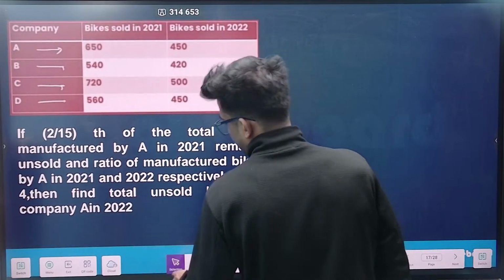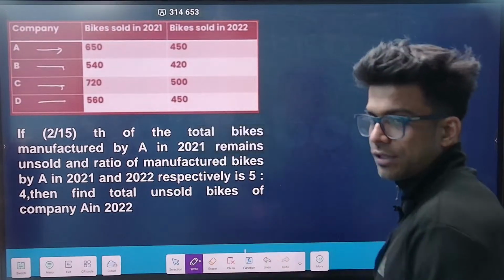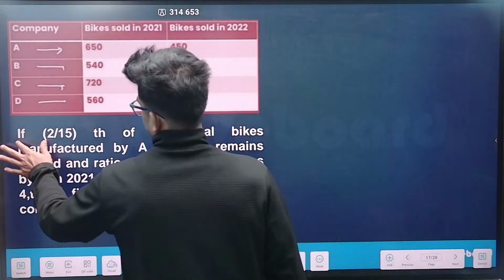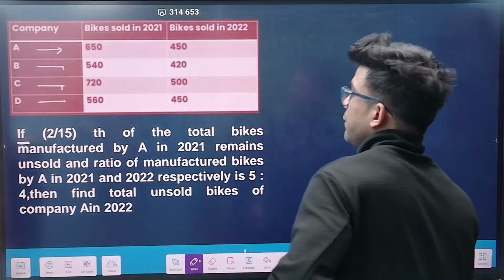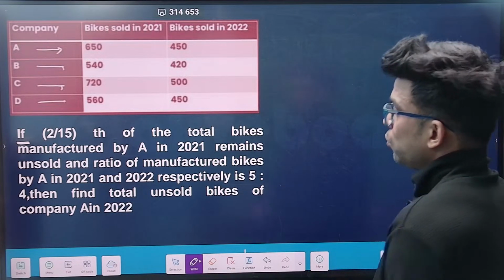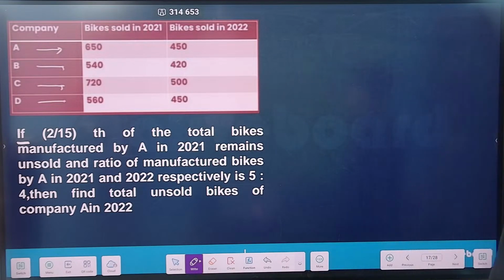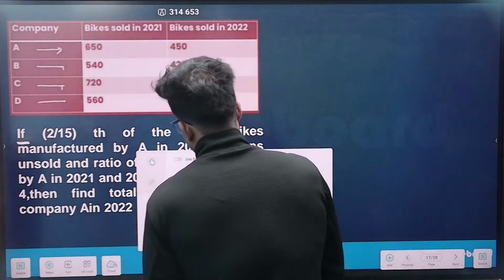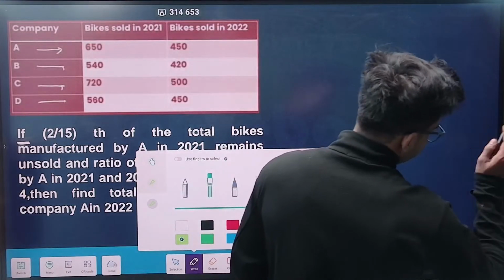I haven't given the options because in the pre-level you will get one question with a condition called "if". Always remember: if 2 by 15th of the total bikes manufactured by A in 2021 remains unsold. Let me imagine that 2 by 15 means, as I have studied in ratios, that my denominator resembles the total.